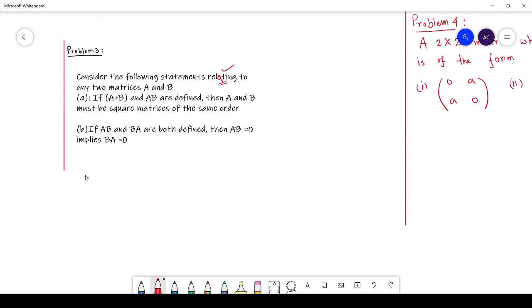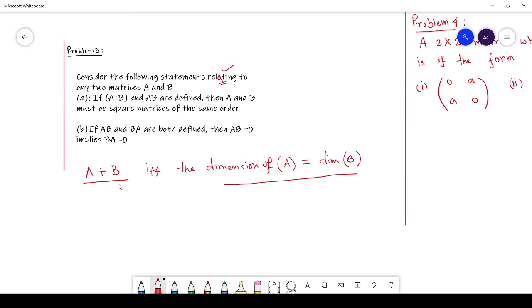Okay, let's see. So two matrices A and B are given. A plus B is defined if and only if the dimension of A equals the dimension of B. This is when we can define the A plus B matrix.